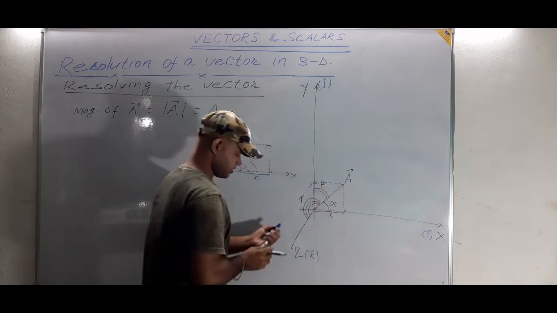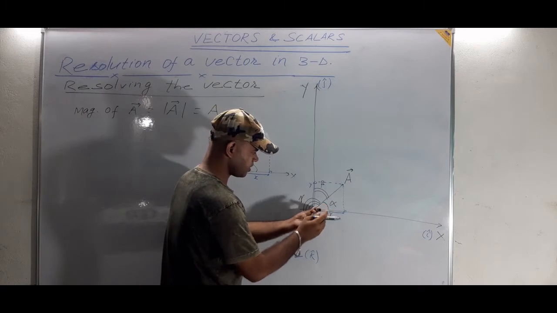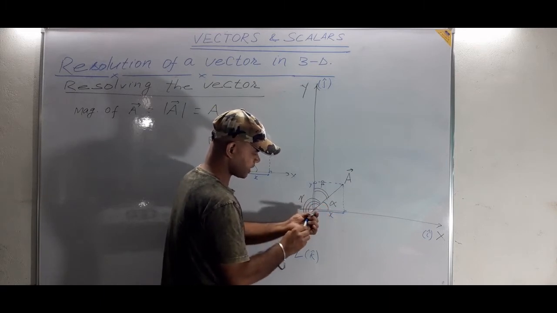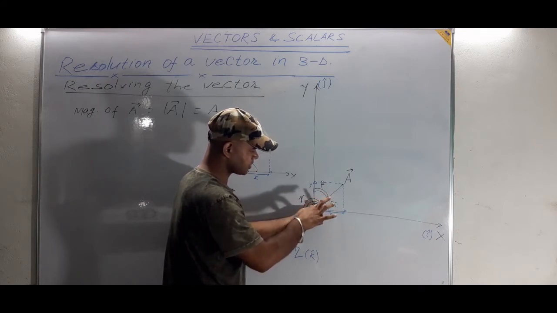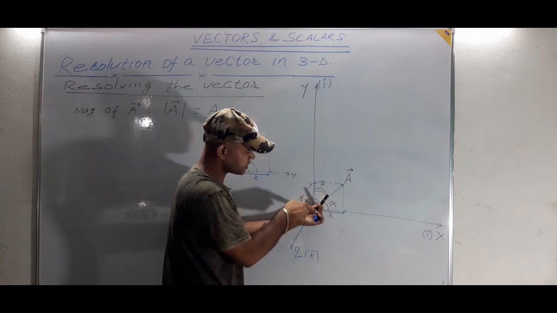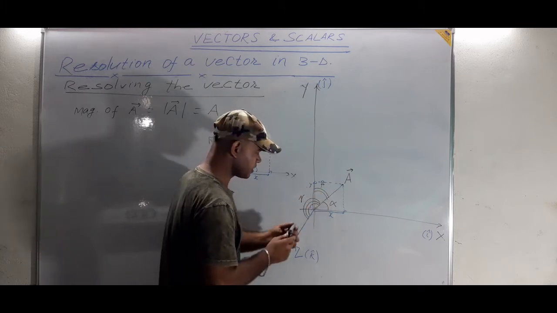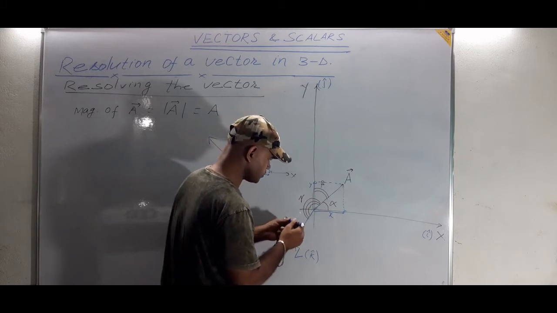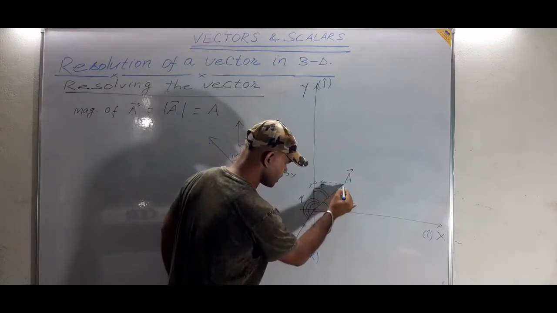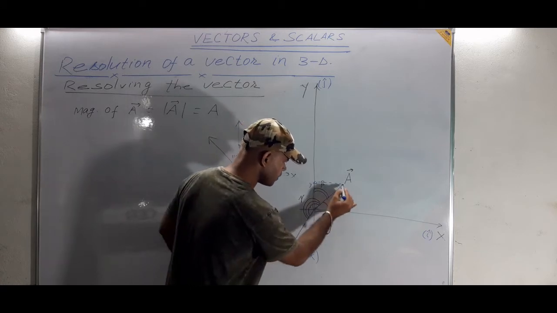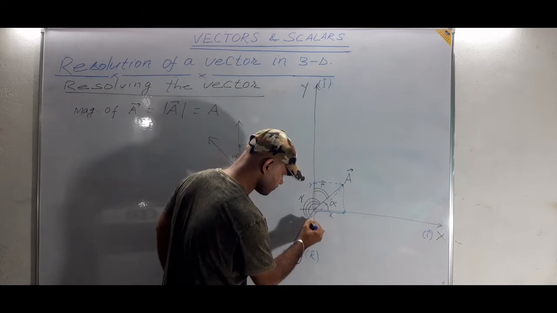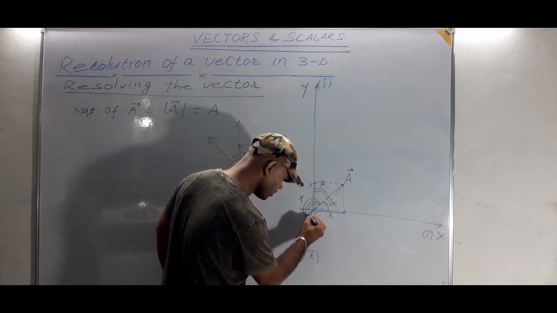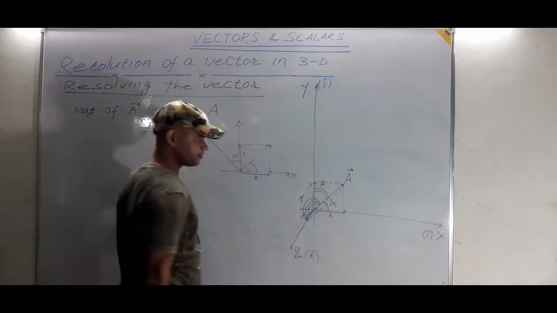Similarly, drop the perpendicular from the head of the vector on the z-axis. The length from the origin till the point where it intersects is called its z component. Here it will be confusing, but you have to assume that I am dropping the perpendicular from the head of the vector on the z-axis, this one. So this is what we call its z component, right?